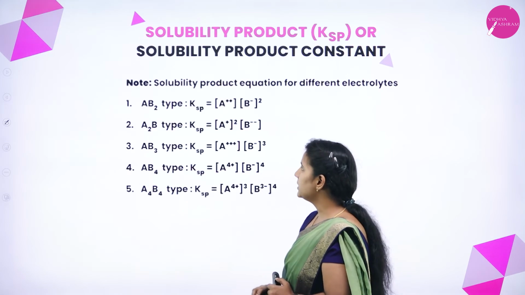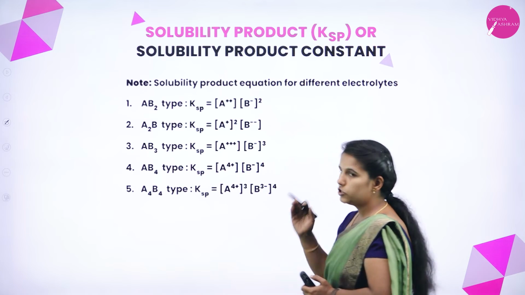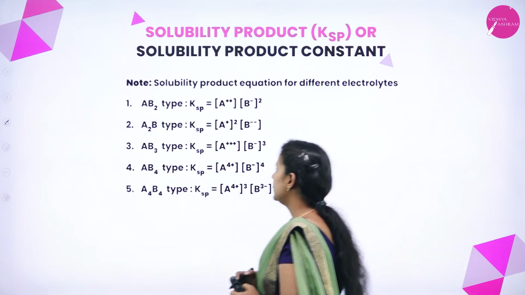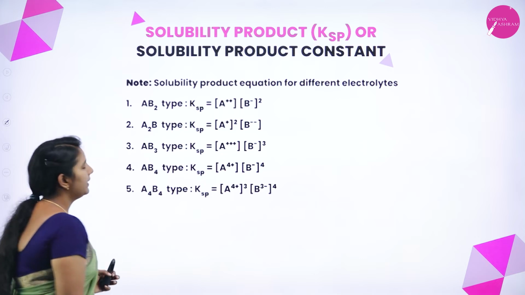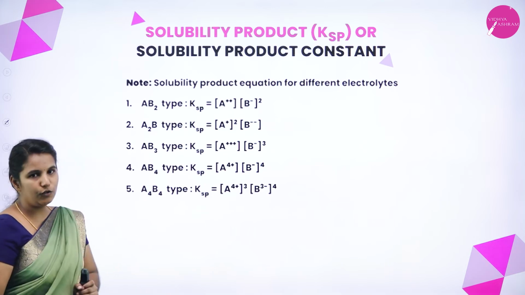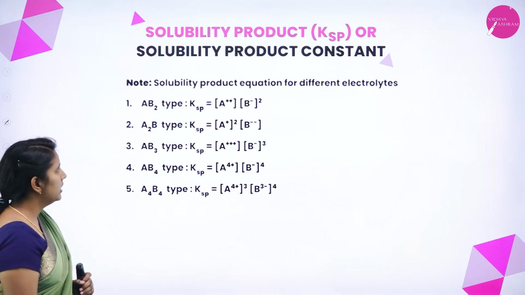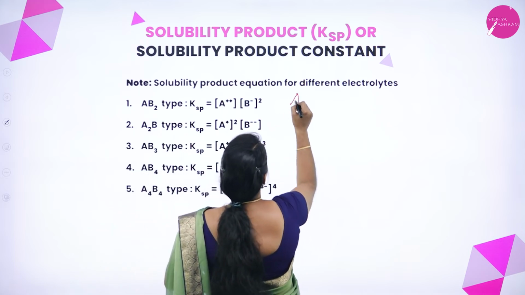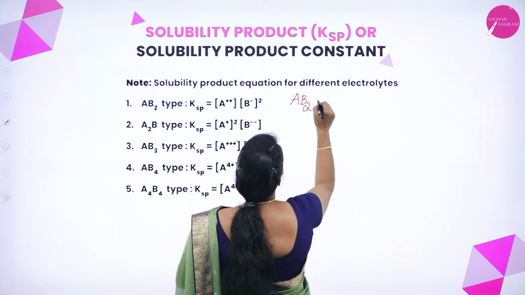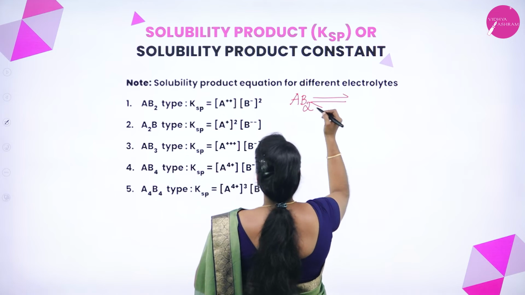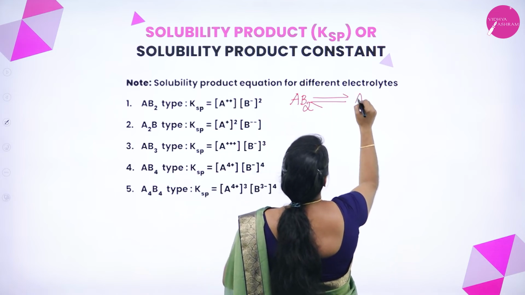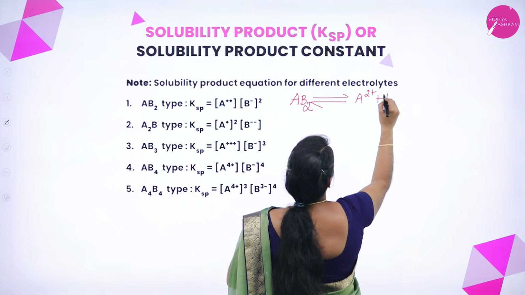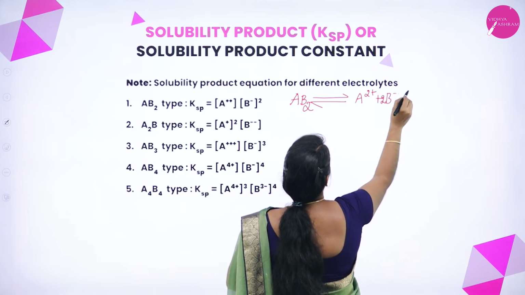Next, we have the solubility product of different electrolytes. If my electrolyte is of AB2 type, how to write the KSP value? We know that for AB2 type, AB2 is my electrolyte which dissociates to give A2+ and 2B-.